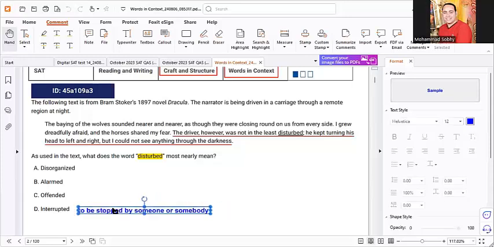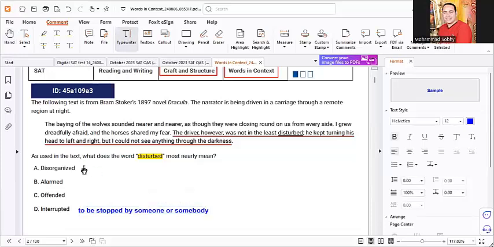Disorganized, like not ordered, out of order. Alarmed, like attracted or warned, or alarm. Offended.